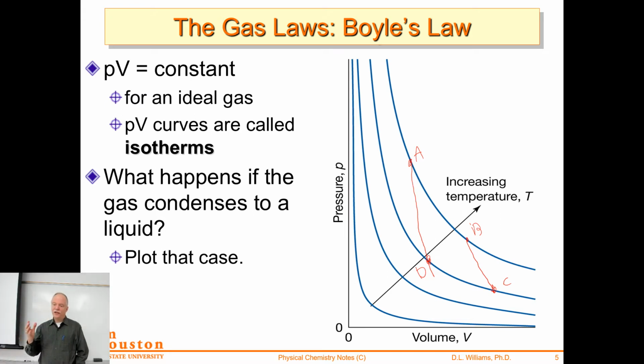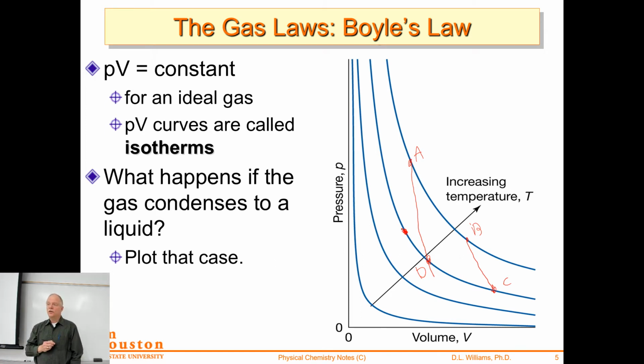But what if this gas starts to condense and turn to a liquid? How could we draw that? And so let's say we shrink the volume, and we're on this isotherm, and at this point it starts to condense and become a liquid. What happens to the pressure when I keep condensing this substance? Now remember, this is an isotherm, okay?